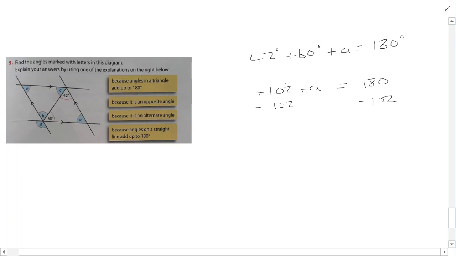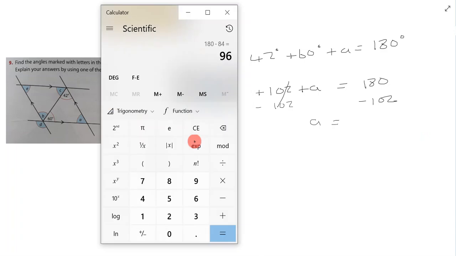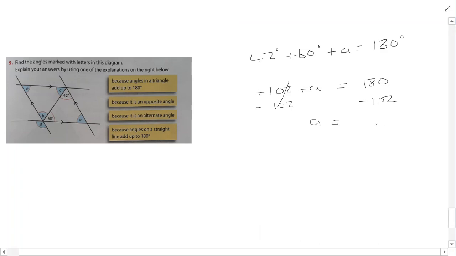So plus 102 minus 102 cancel out, and A then is equal to 180 minus 102, which is equal to 78. So the angle A, this angle here, is equal to 78 degrees.